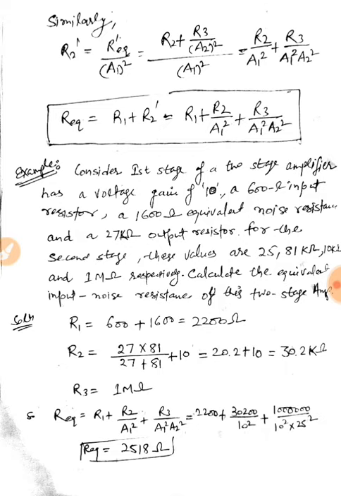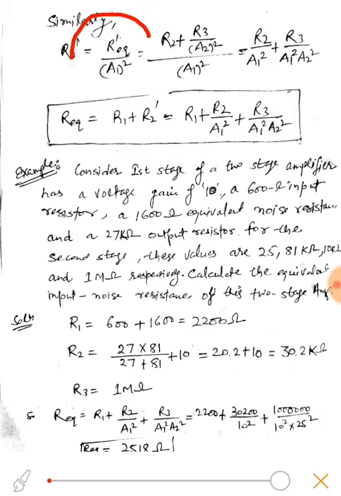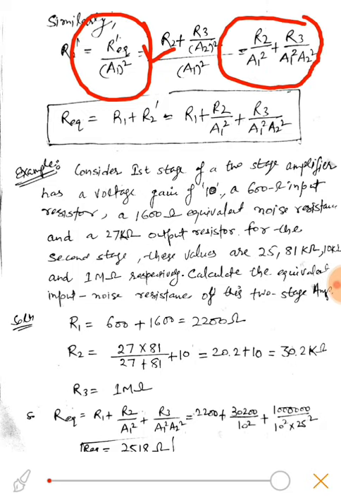So if we have to calculate R2 dash, it would be R equivalent upon A1 square, because A1 is the gain of the first amplifier. So putting the value of R equivalent dash, we would get R2 dash as R2 upon A1 square plus R3 upon A1 square A2 square. So total resistance at the input would be R1 plus R2 dash, that would come out to be R1 plus R2 upon A1 square plus R3 upon A1 square A2 square. So this is how we can calculate noises when two amplifiers are connected in cascade.